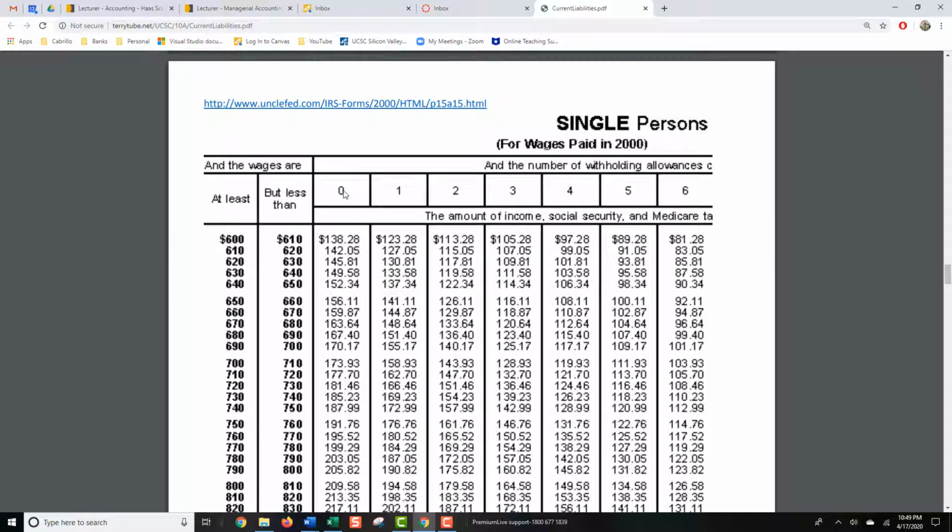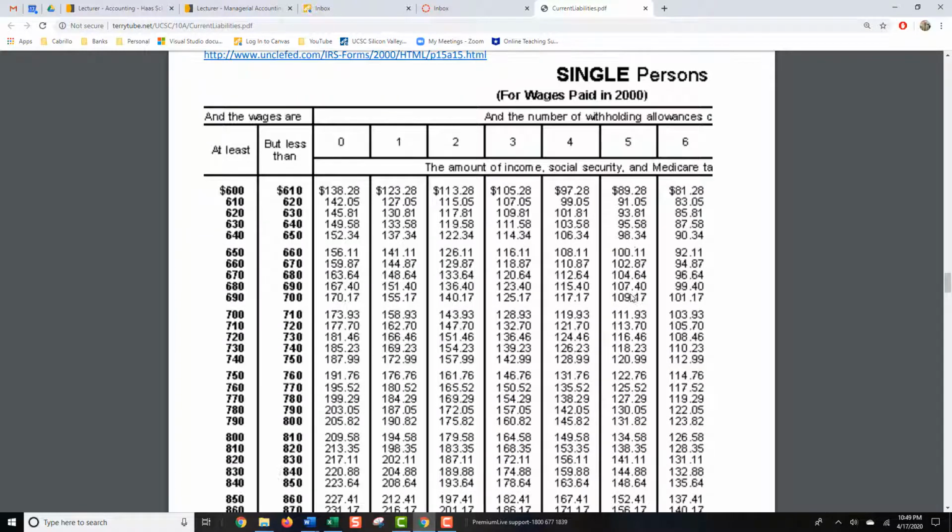So you'll look at how many people they declare. Are you married? Yourself, you and your wife, you, your wife and a kid, you, your wife and 2 kids, you, your wife, 2 kids, and your mother lives with you. How much money did you make? And you look up and pull out the dollar amount of federal taxes that you're going to pay.